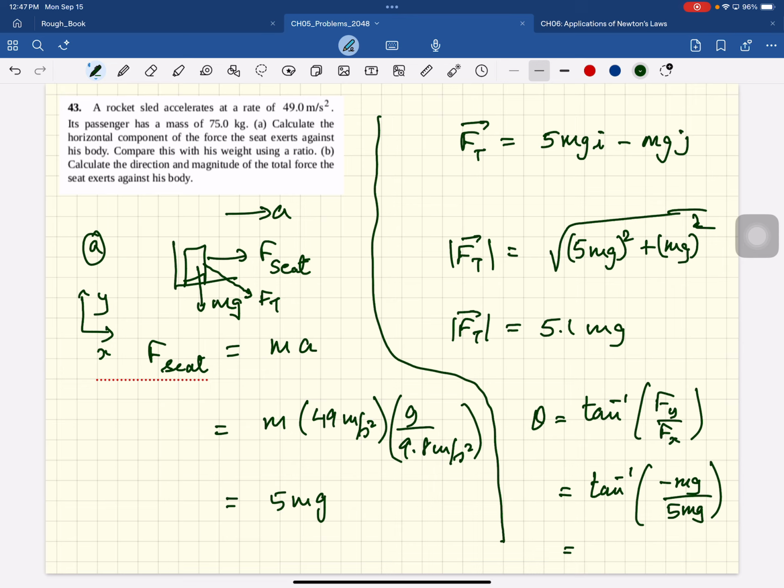Okay, so 11.3 degrees, minus 11.3 degrees. The negative sign tells you that the angle is measured clockwise.